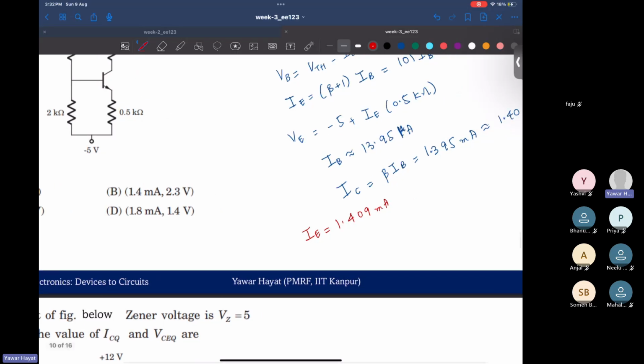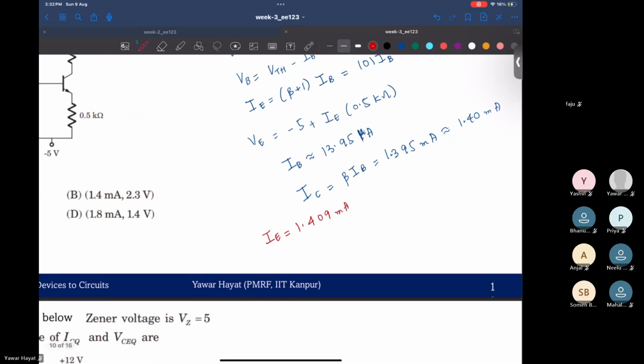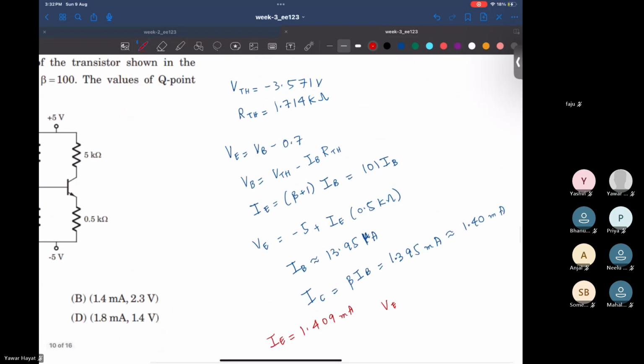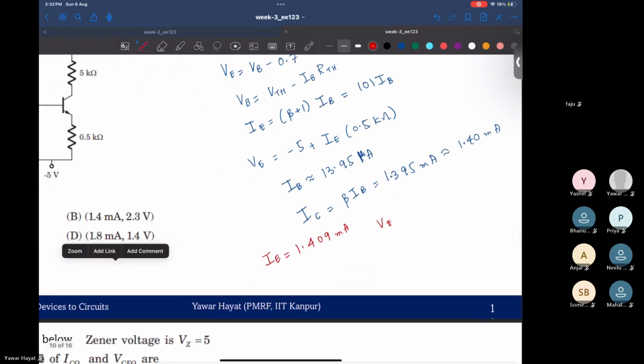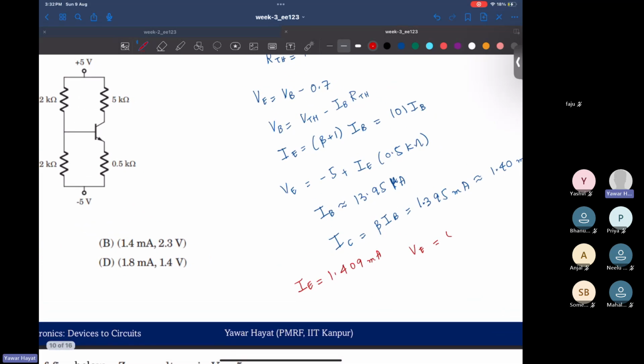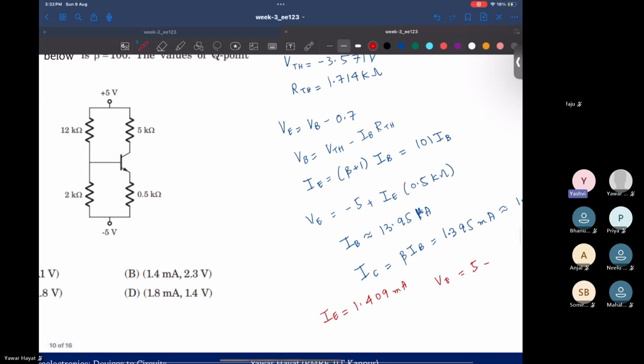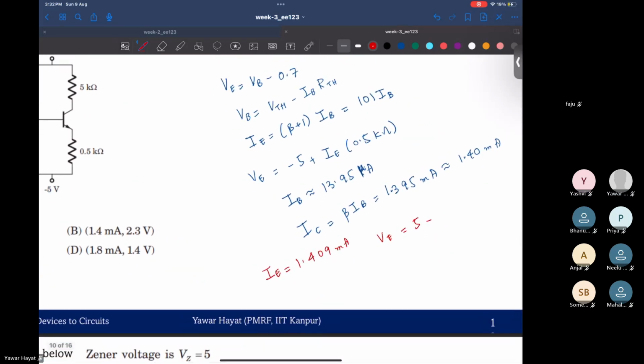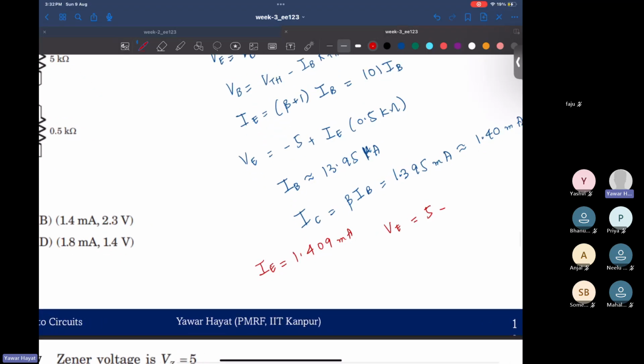Okay, and how much is V? V would be 5 minus IC times 5 kilo, right?